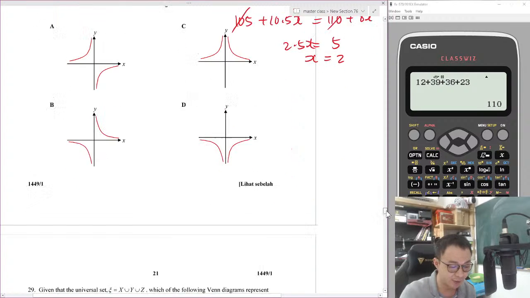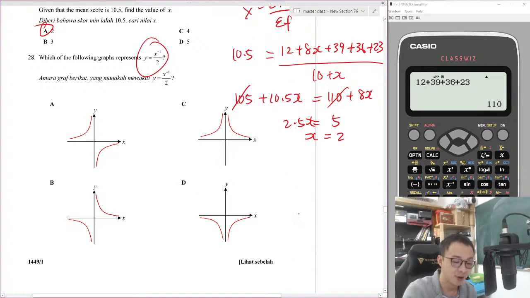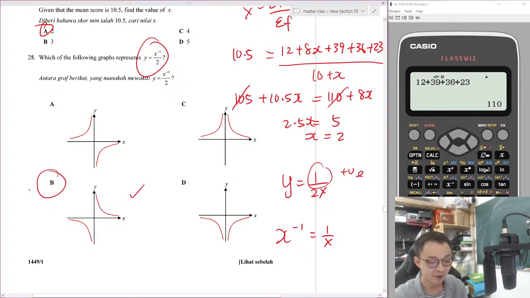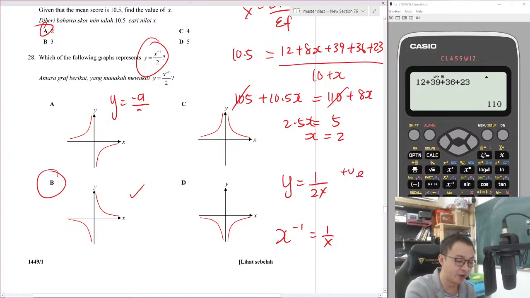Alright, so graph function. When x power of -1, basically means 1 over 2x like that, because x power of -1 means 1 over x. So you just imagine something like y equals to 1 over 2 multiply 1 over x, you will get 1 over 2x. Alright, so this is reciprocal, and 1 is the positive value, so you will get these two sides. Answer is B. Okay, if this is -1, this one will be negative a over x.